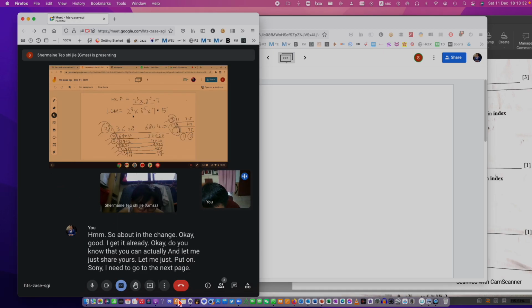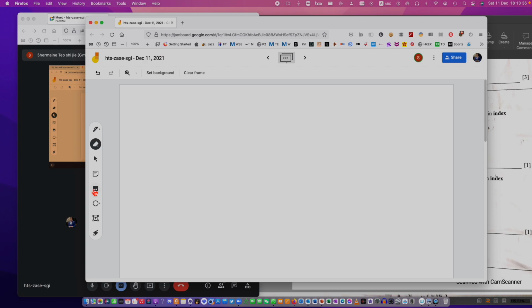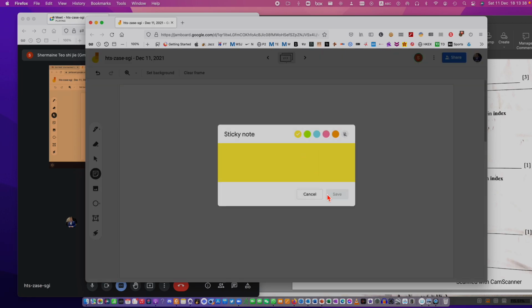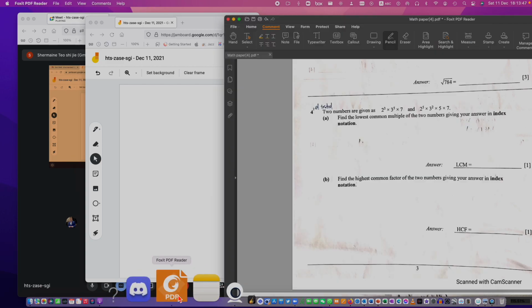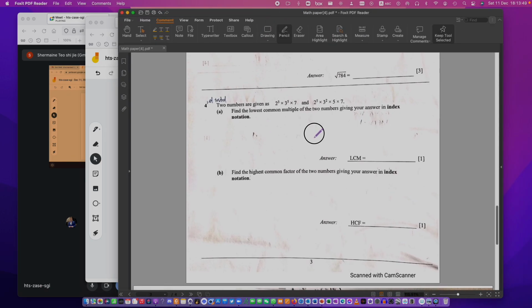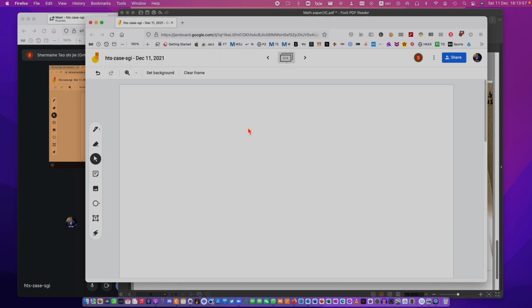And actually, you can do this. Let me see, I'm also testing this for the first time. Oh, you have sticky note, image, circle. Okay, good. I will just add an image. But before that, I need to crop this out. This question is a bit blur by the way, but okay, just bear with it.